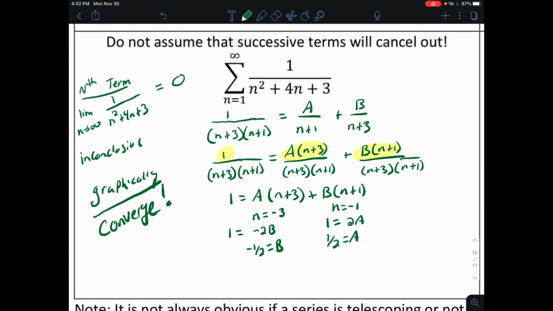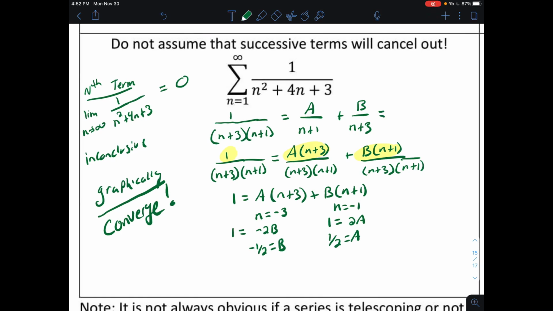So what we have is an equivalent form to write this, with a being 1/2. So I have 1/2 over n plus 1, and then minus, since b is negative 1/2, minus 1/2 over n plus 3. Now I could rewrite this a little bit differently.